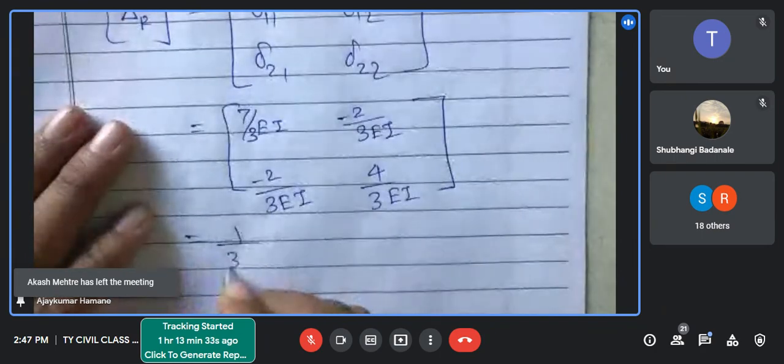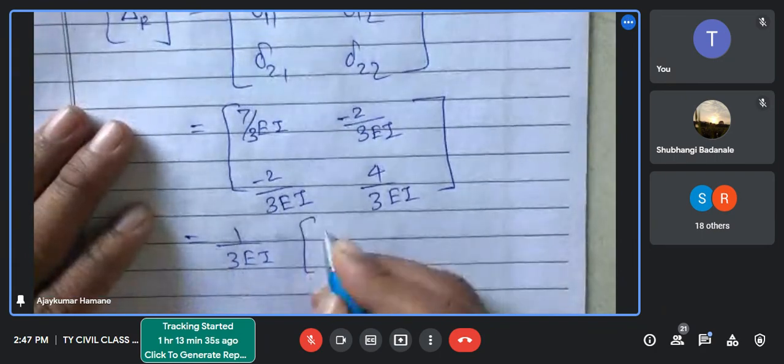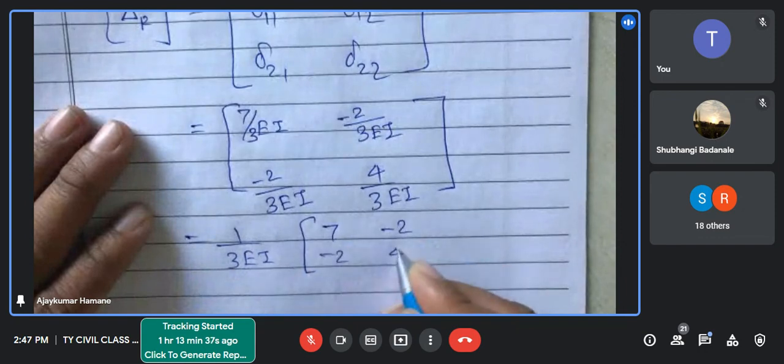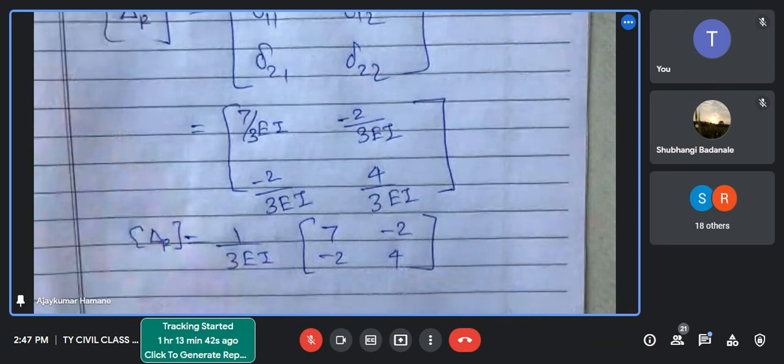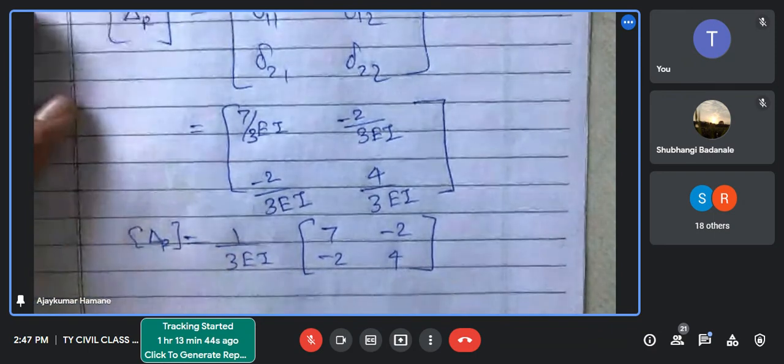So 1 by 3 EI common, and here we have 7, minus 2, minus 2, 4. This is delta R.